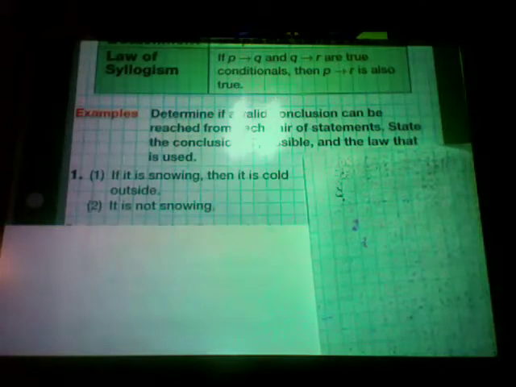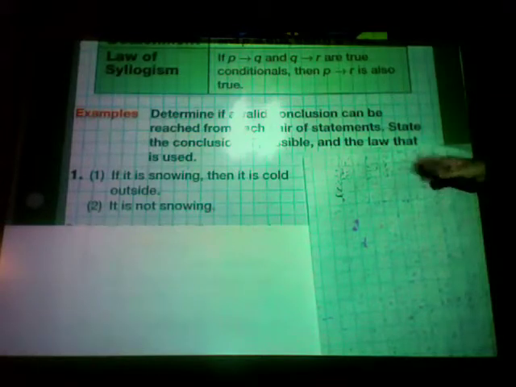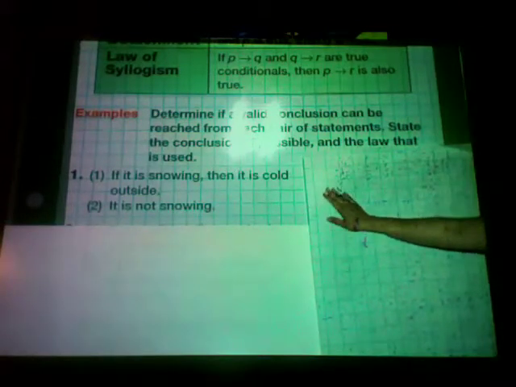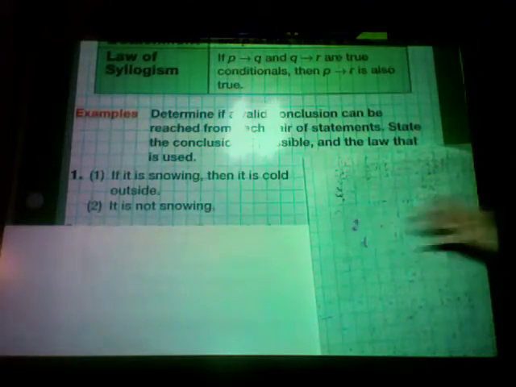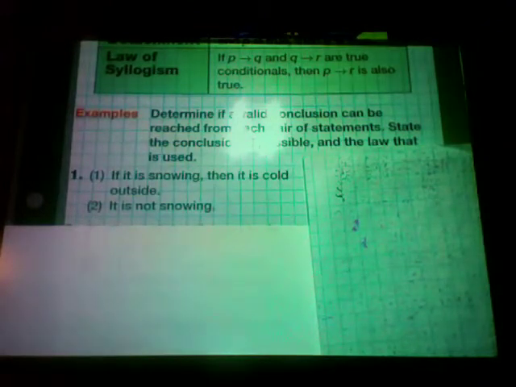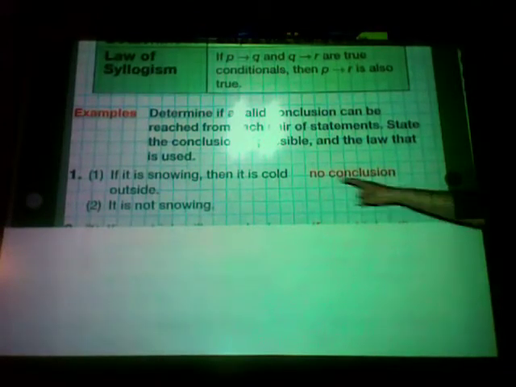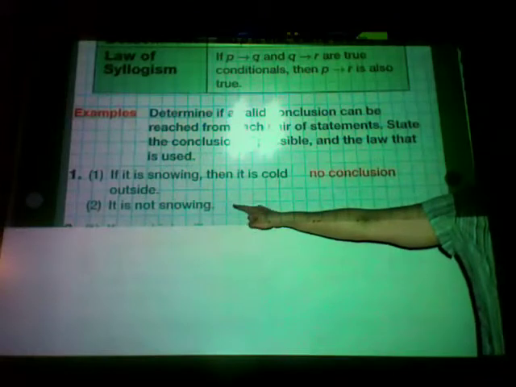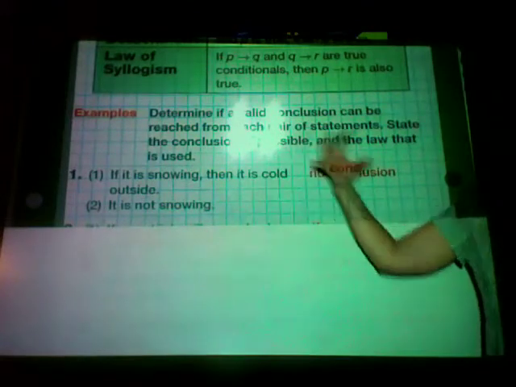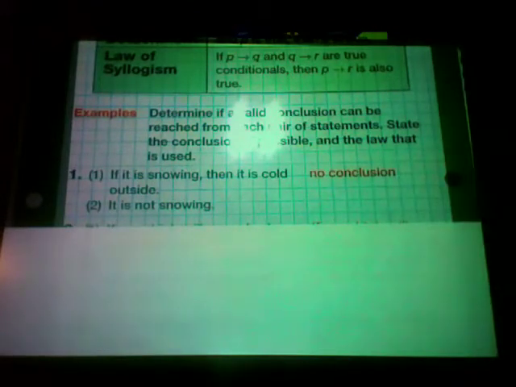Well, your conclusion would be to say that it's not cold outside, but is it possible for it to be cold outside and it not snow? Yeah, so there's not a true conclusion that you can draw from this. So this is neither the law of detachment nor the law of syllogism. It's neither. Because you cannot draw a valid conclusion for that. So this is true, and this was true. But between those two, we couldn't make a connection and make a valid conclusion. Remember, you're detectives.